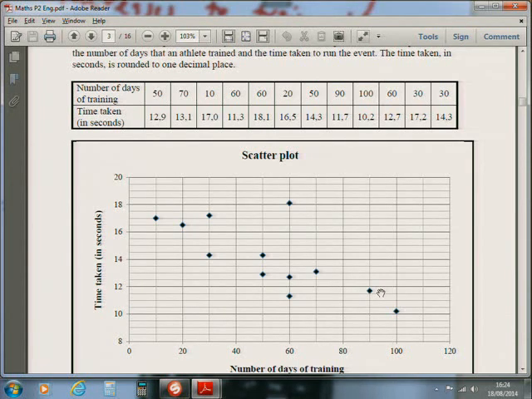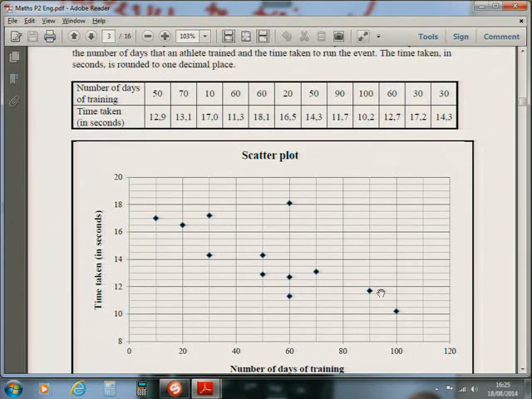It's 12.9 equals, good. 13.1 equals, 17 equals, 11.3 equals, 18.1 equals, 16.5 equals, 14.3 equals, 11.7 equals, 10.2 equals, 12.7 equals, 17.2 equals, 14.3 equals. I've got the whole set of data in the calculator.